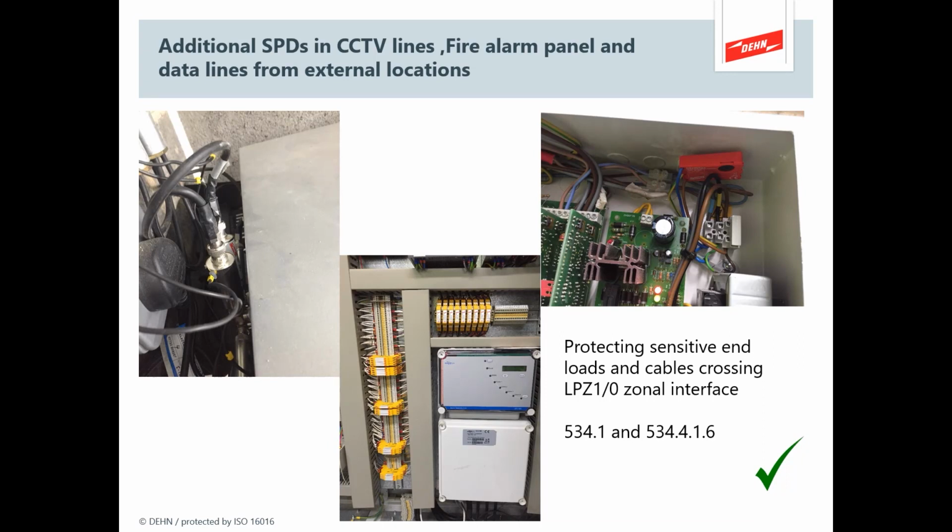And then I can see the fire alarm panel, and that yes, there's an SPD there, and that's a type 3 wired across the main incoming terminals, and the SPD has a black disc on it. That's a buzzer, so if that SPD fails, it's going to scream its head off. And again, I can only tick the box once all of these incoming lines from external locations have had the SPDs fitted.